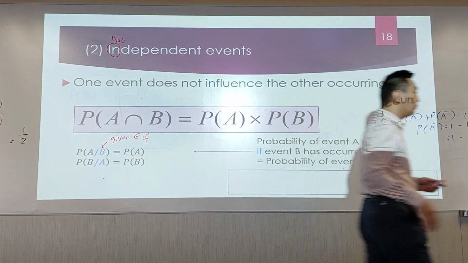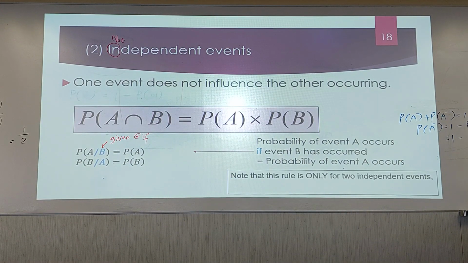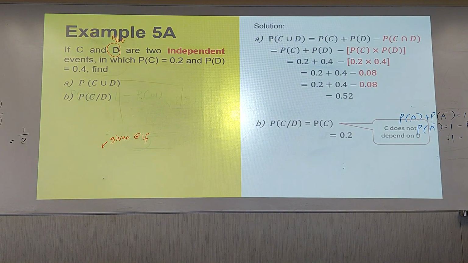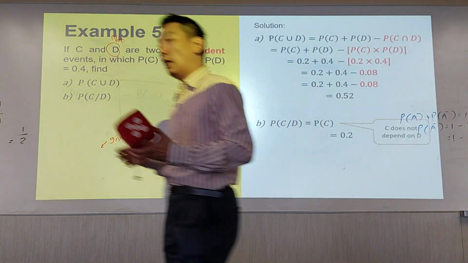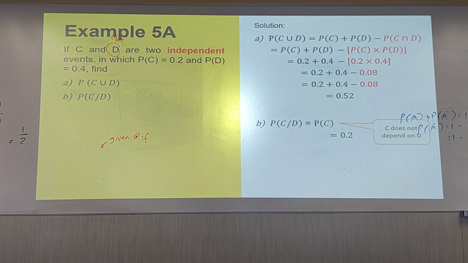You may ask, in the real world, what are examples of independent events? An example would be trying two objects, like these two dice, two separate objects.